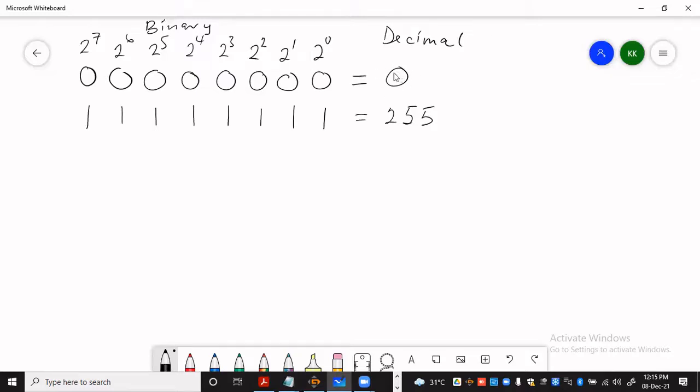But the very moment you switch on any of these 8 bits into a 1, then it takes on a log base 2 value. So this is where we have your log base 2s. The first rightmost bit has a log base 2 value of 2 raised to the power 0.